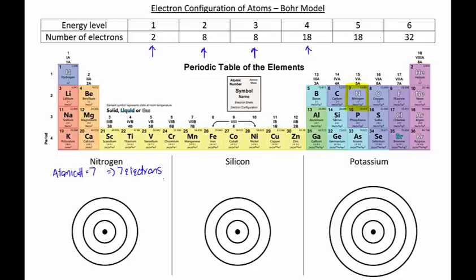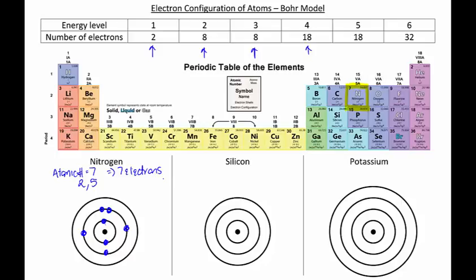Looking at the table up the top, we can have 2 in the first energy level, and that leaves 5 left, and because the second one holds up to 8, we can have 5 in the second energy level. So pictorially, we have 2 in the first energy level, that means it's full, and then we have 5 in the second. So 1, 2, 3, 4, 5.